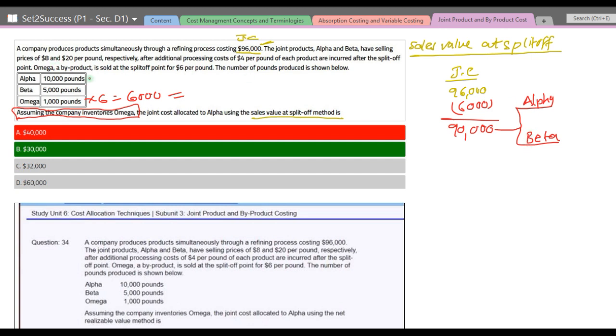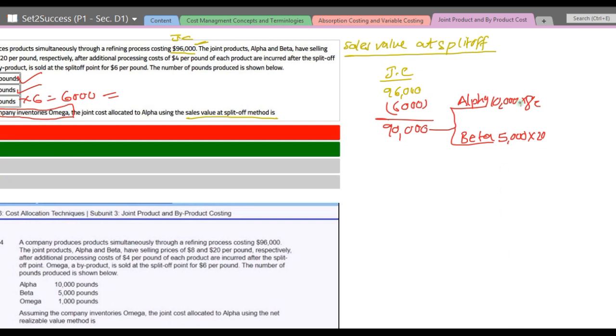For alpha we have 10,000 pounds, and for beta we have 5,000 pounds. The sales price is 8 and 20, which comes to 80,000 for alpha and 100,000 for beta, which is 180,000.